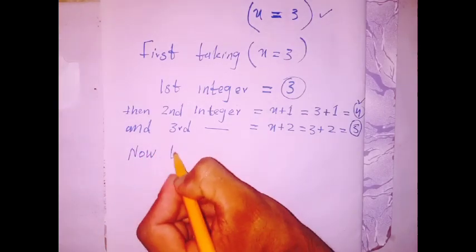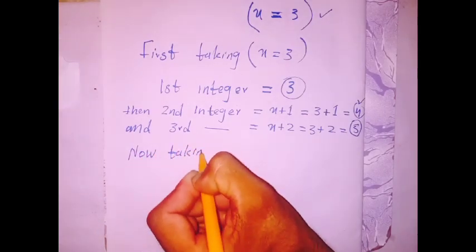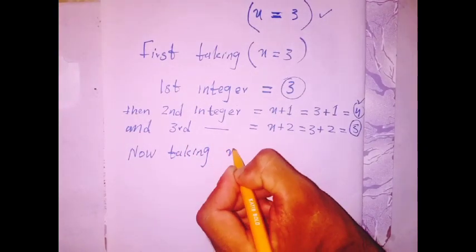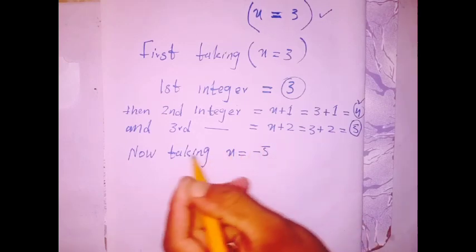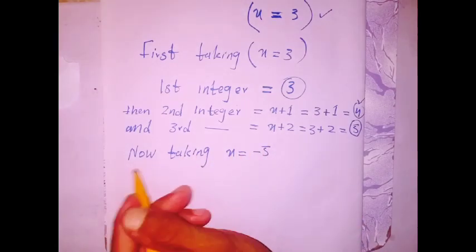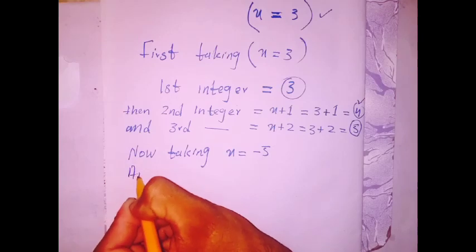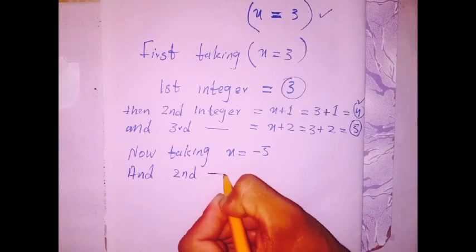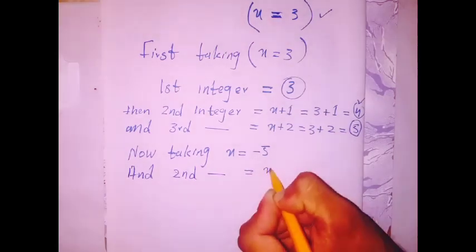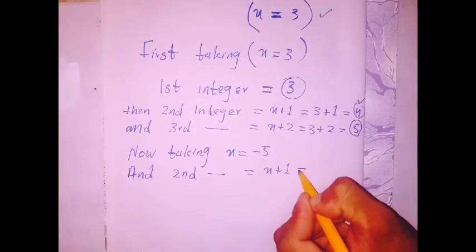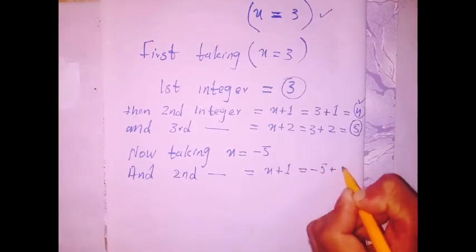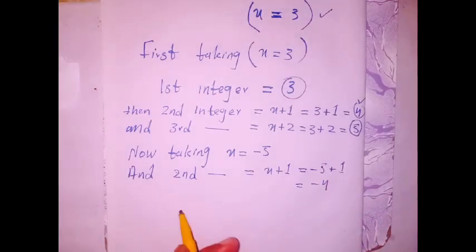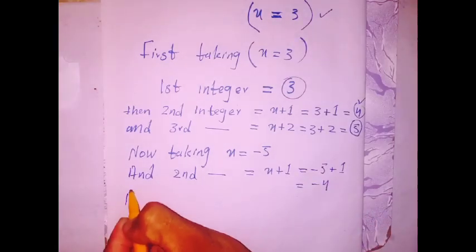Now taking x is equal to minus 5, the first integer is minus 5. And the second integer, I mean x plus 1, putting the value of x, minus 5 plus 1 is equal to minus 4, so the second integer is minus 4.